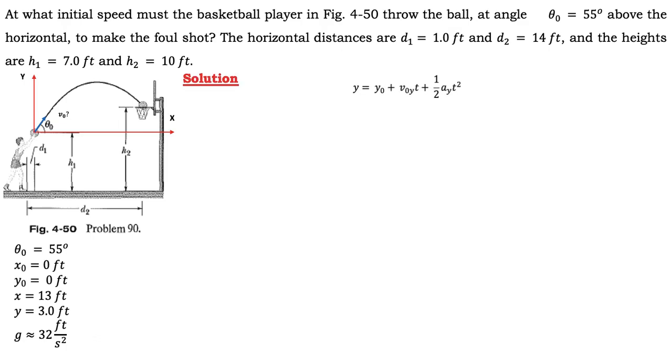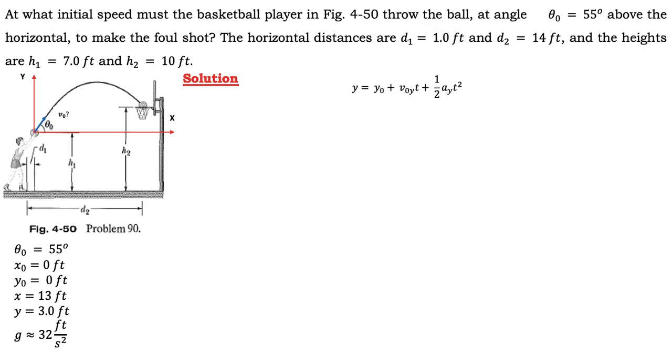Then using the other projectile motion equation, this one for vertical direction, we get the final position in vertical direction, the initial position, the initial speed in vertical direction times the time, the acceleration in vertical direction times the time squared.